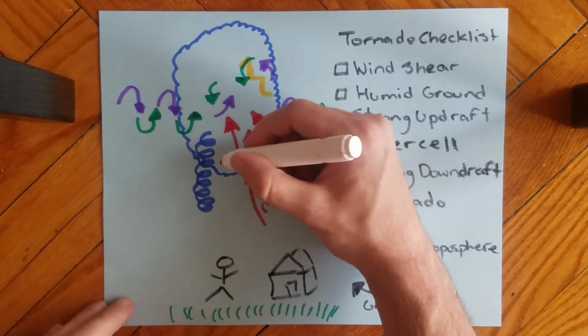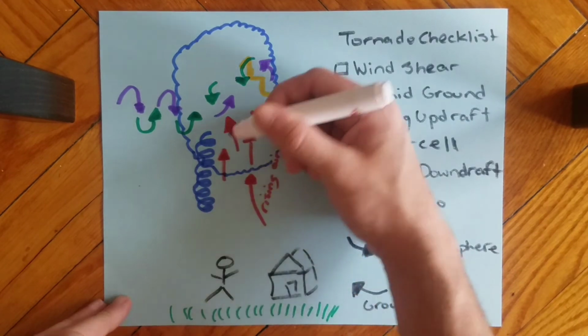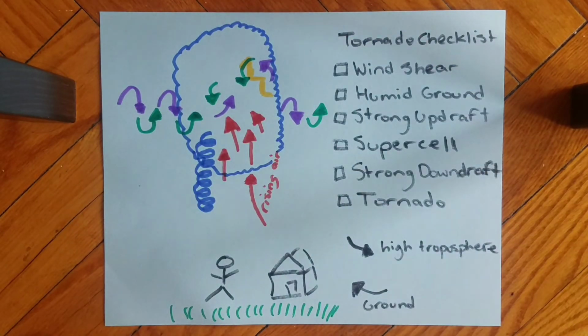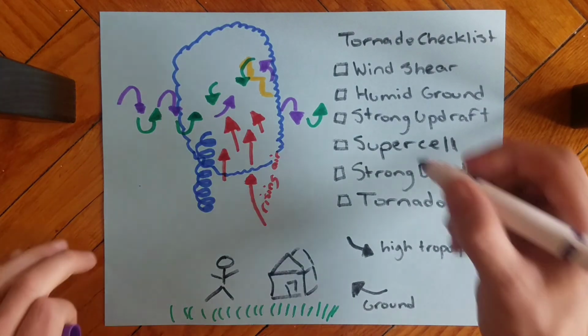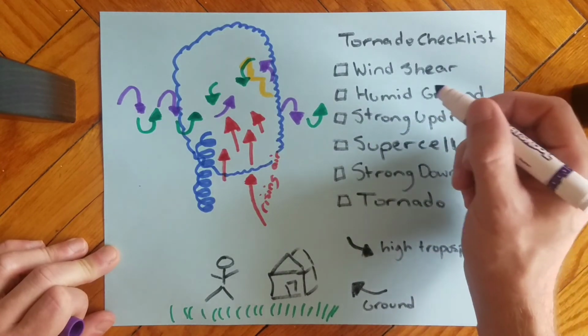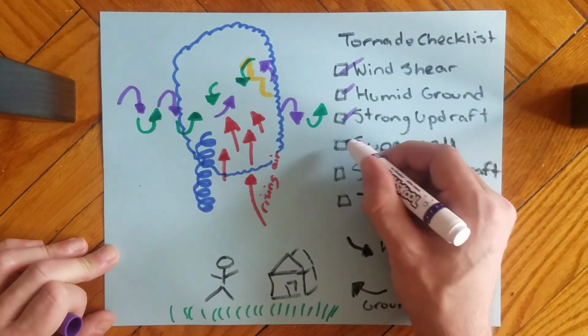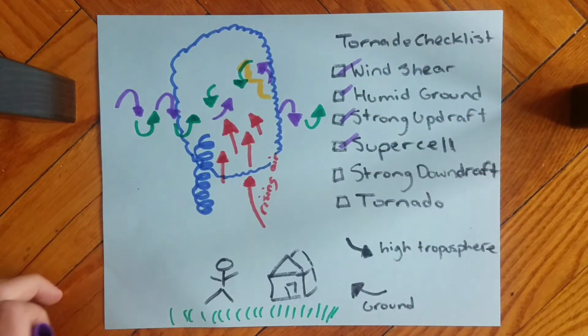Now you have the continuous updraft, and this is called a supercell. Right now we're at something called the supercell. So let's go down our checklist. We have strong updraft, we have a humid ground, we have wind shear, and now we have a supercell. So now we have this rotating storm in the sky, which is vertical to the ground. It's no longer horizontal.